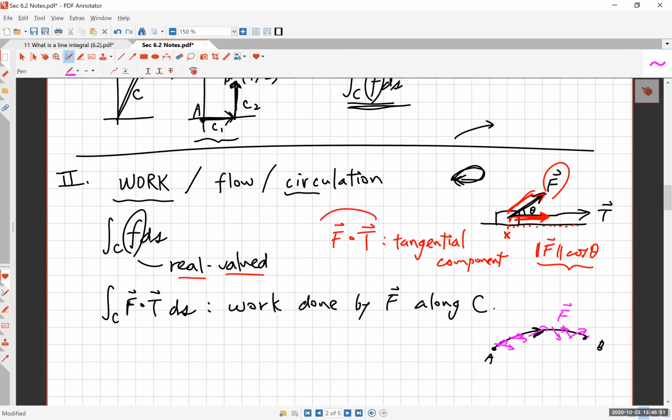So at each point, you are calculating the tangential component. In other words, the component of F in the direction of the motion, and we are adding all of these tangential components at every single point.